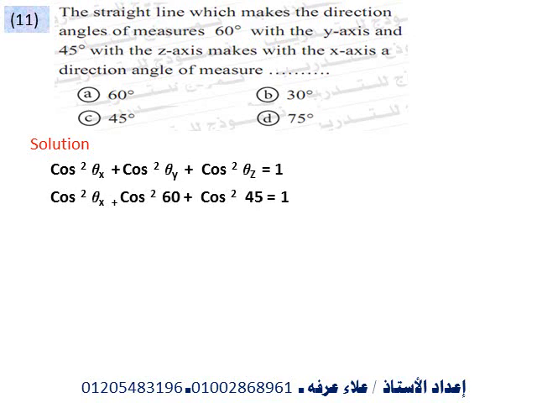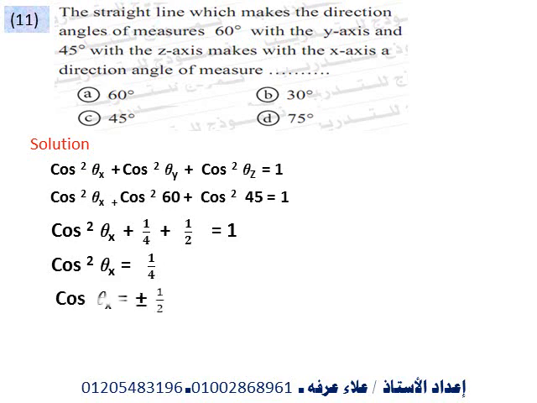We can get cosine squared theta x plus cosine squared 60 plus cosine squared 44 equals 1. Cosine squared 60 equals a quarter, and cosine 44 equals 1 over root 2, then cosine squared 44 equals half. Then cosine squared theta x equals a quarter.